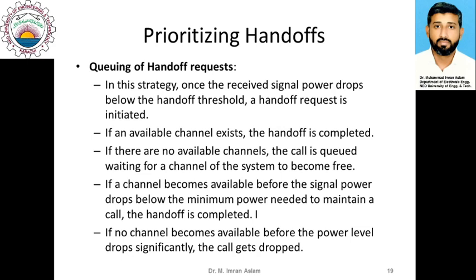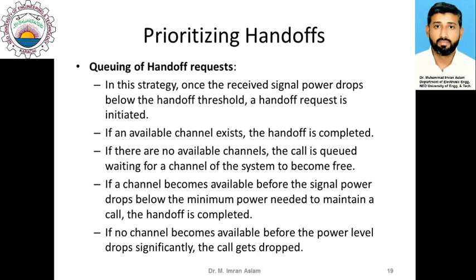As soon as a channel becomes available, the call is transferred to the new base station. But if it takes a longer time and the signal goes below the minimum acceptable limit, the call would be dropped and the handoff may not be completed.